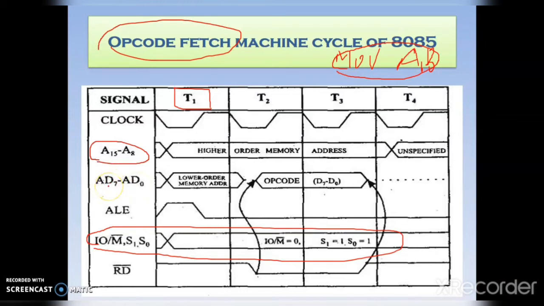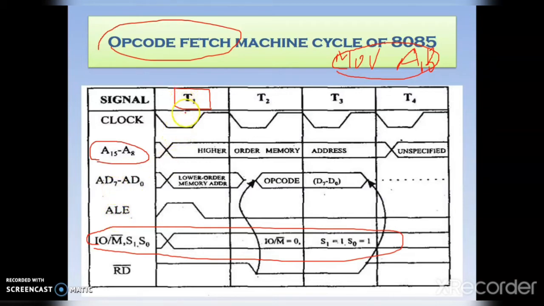Here the data lines and address lines are multiplexed. So, in order to demultiplex these address and data lines, we use the ALE signal. When this signal is high it carries address, and when it is low it carries data.